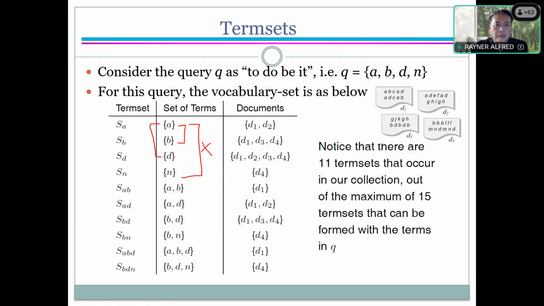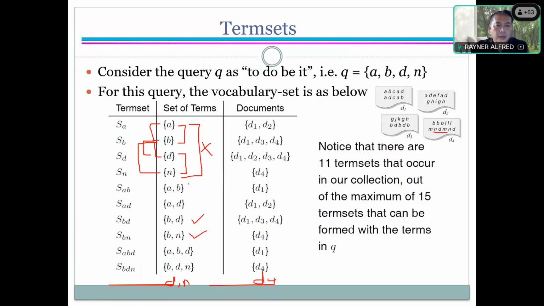And after that we follow with BD, and then we have BN, okay? And we're supposed to have DN again because we have DN here. So we're supposed to have DN in document 4.